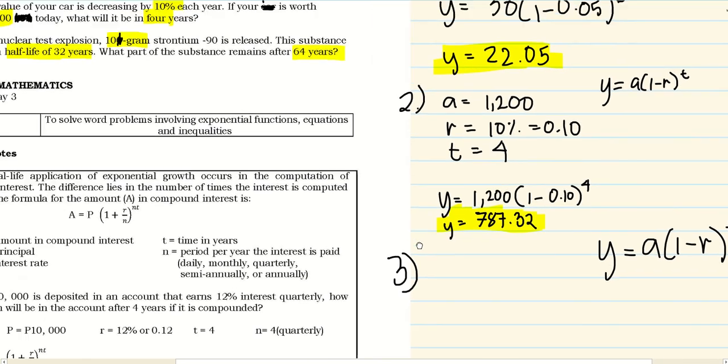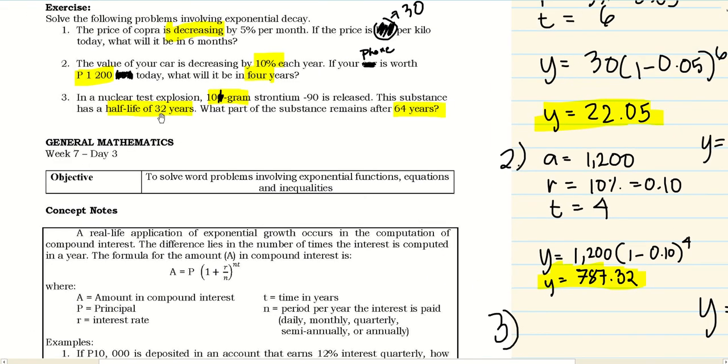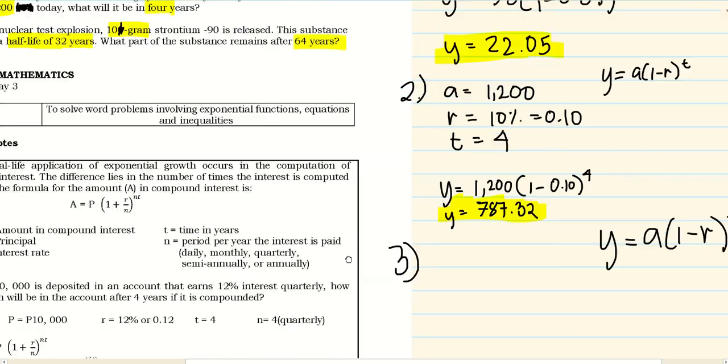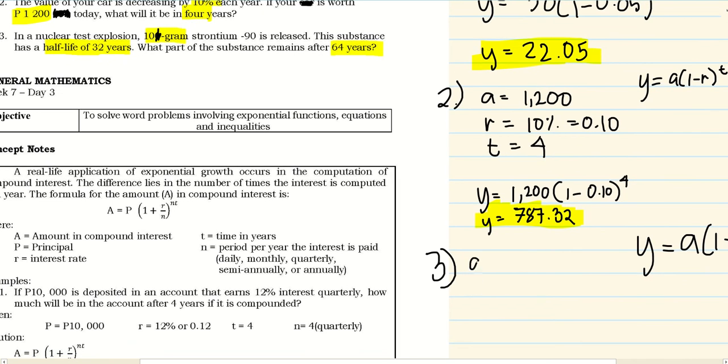Why? Because we have a given half-life of 32 years, so every 32 years it will degrade by half. So we have that as n. Our A is 10 grams, our rate is the half-life, so 50%, which is 0.5, our time is 64 years, and our n is 32 years.